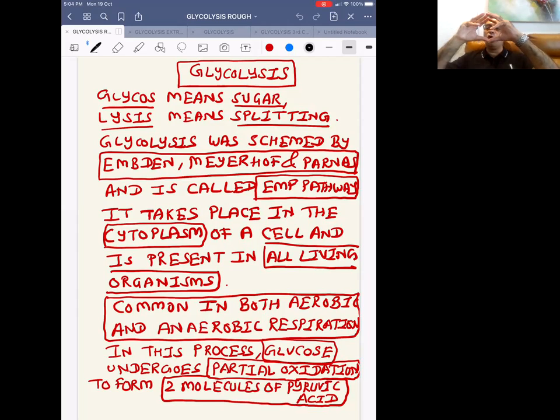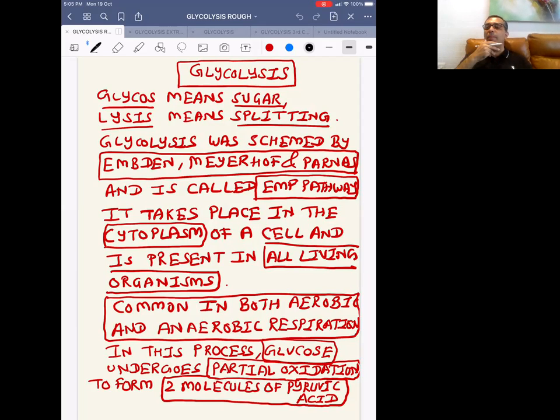So whenever glucose breaks, it releases 686 kilocalories of energy, of which 7.3 kilocalories gets trapped between ADP and IP to form a molecule called ATP. और ऐसे 38 ATPs बनते हैं.